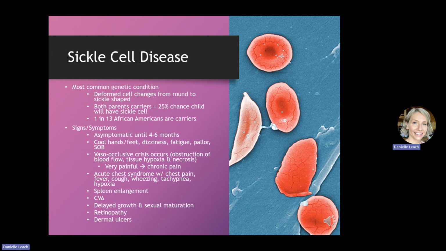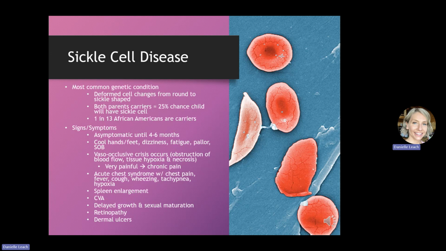They can also have spleen enlargement. These sickle-shaped RBCs do not live for the 120 days as normal RBCs do. They live for a much shorter time. Since they are going through hemolysis more often than a normal person, the spleen can become enlarged because of all the extra work it's doing.